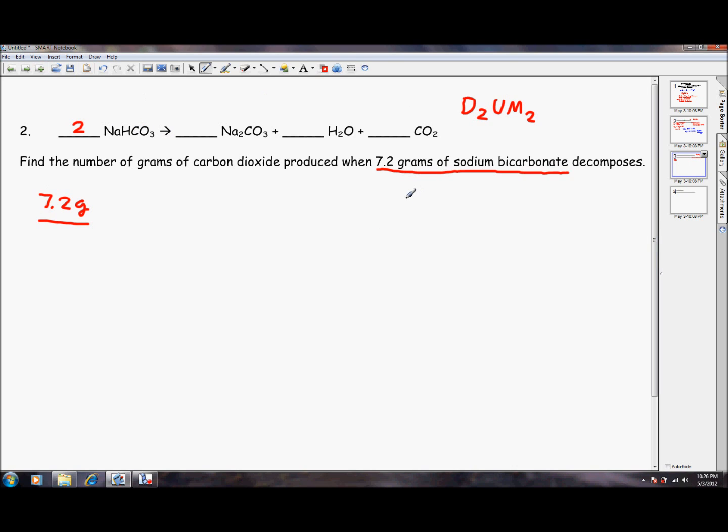Okay, well, I've got 1 Na, it's 22.99, 1 H, which is 1.0079, 1 carbon, 12.011, and 3 oxygens. Okay, I'm going to add all of these up. And let's see what the molar mass is.